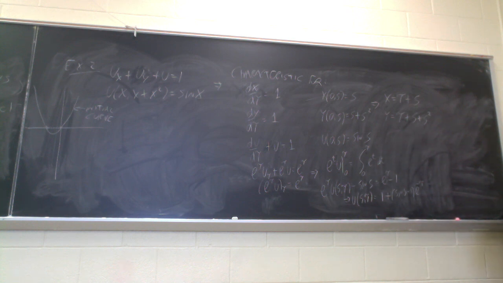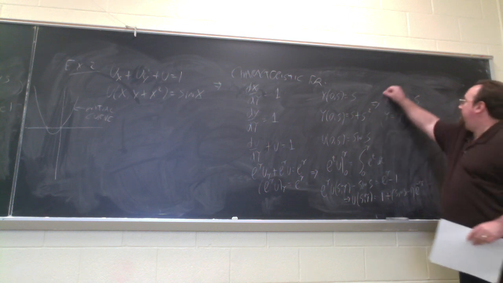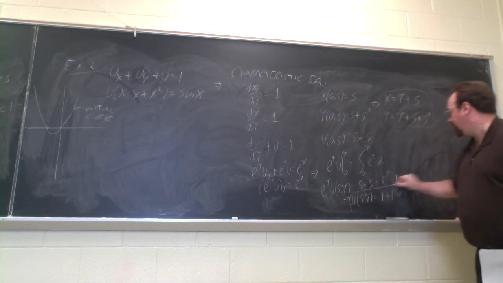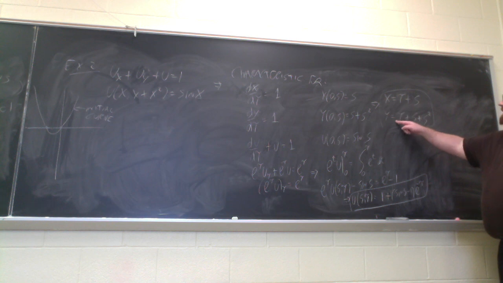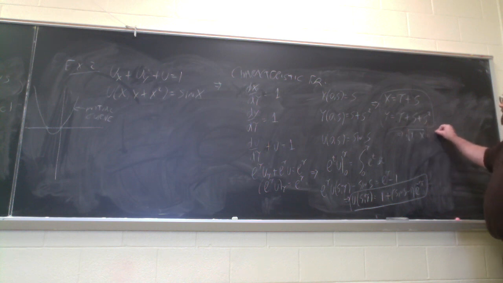Now I have my characteristic curves in s and tau terms, but like before, I need to invert and get back to x and y. So how can we do that? Well, notice if we take y minus x, we get cancellation here, and all that's left is an s squared. So we can say the square root of y minus x is equal to s.